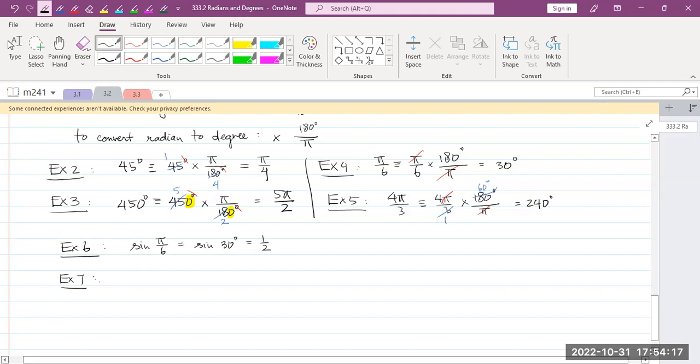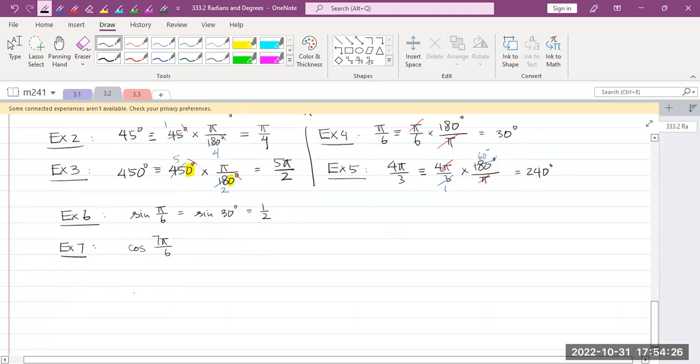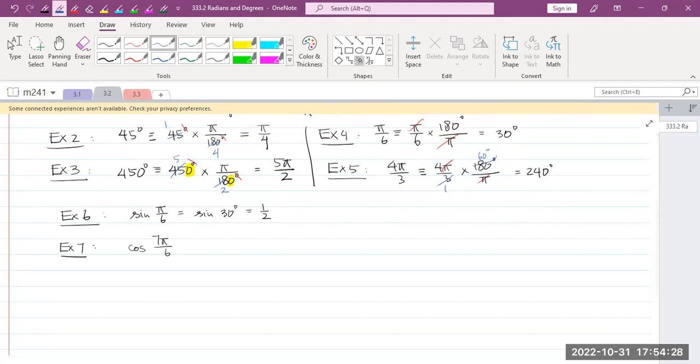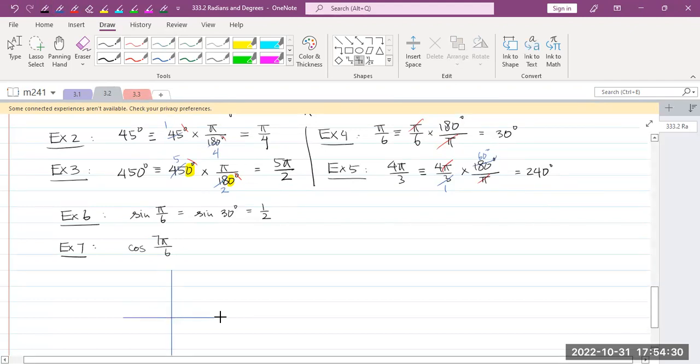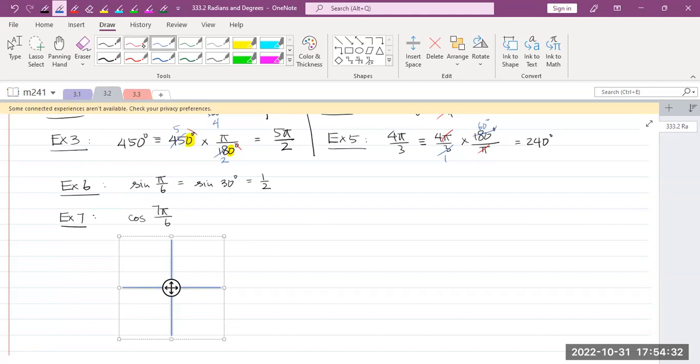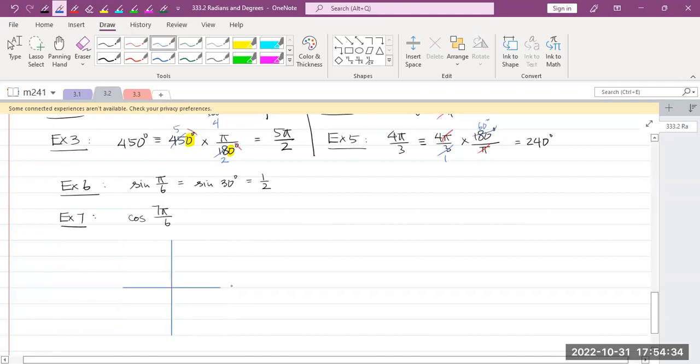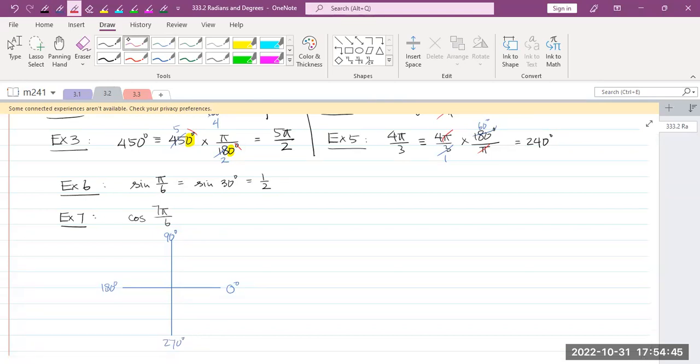Train yourself to imagine the special angles, especially when you have other quadrants. For example, how about cosine 7 pi over 6? Now notice the quadrant system. We know the boundaries for the quadrant system are 0 degrees, 90 degrees, 180 degrees, 270 degrees. Those are in degrees. What are the boundaries in radians?